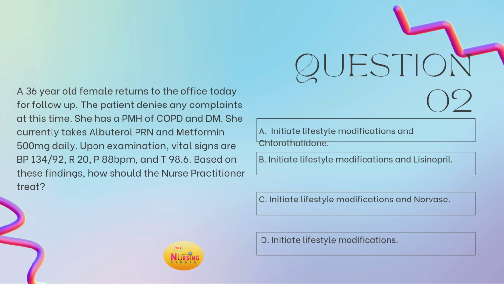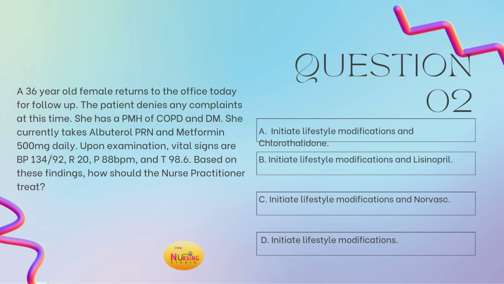So a few things. Again, knowing your guidelines and your tiers on when we need to move forward with certain things, right? So based on ACC and AHA guidelines, if they have comorbidities, their goal is to not exceed 130 over 90, right?